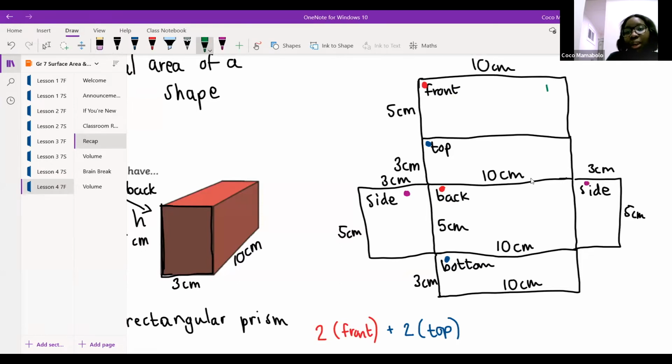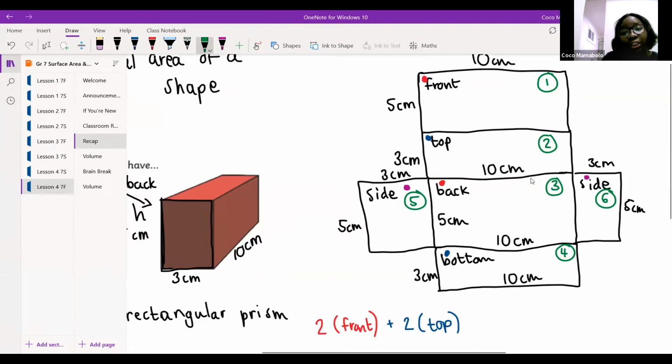We said this was number 1, number 2, number 3, number 4, number 5, and number 6. If you understand how to calculate the area using numbers 1 to 6, I want you to continue to calculate the area like that. Don't change the way you calculate for area.